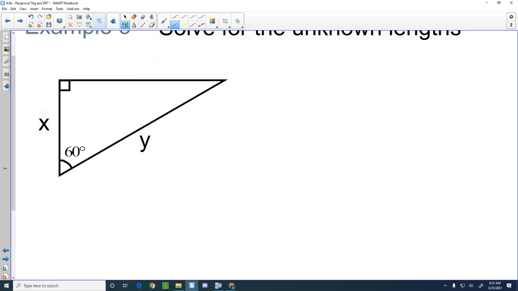And then the other thing you might see is if you've got something like, if you have a radical already, like a root 6.